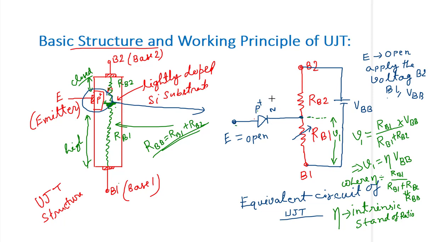So this PN junction diode is reverse biased, which means only minority charge carriers flow. So there is a leakage current flowing from P to N.